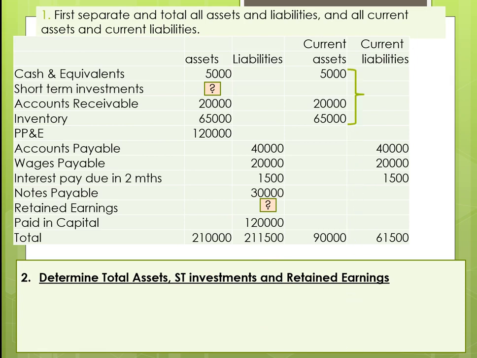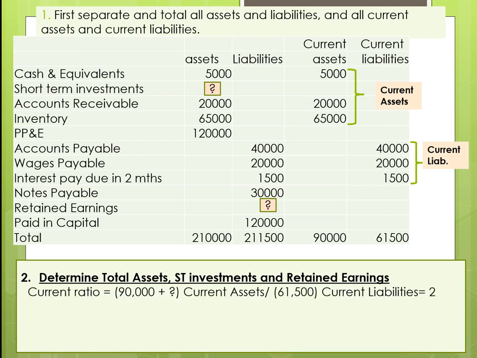So we're going to add these up because these are all our current assets, but of course we have to solve for short-term investments. And these are all our short-term liabilities. So first, we're going to work backwards. We know that the current ratio is going to be our current assets plus some number for short-term investments divided by our total current liabilities of $61,500, and we know that the ratio is 2.